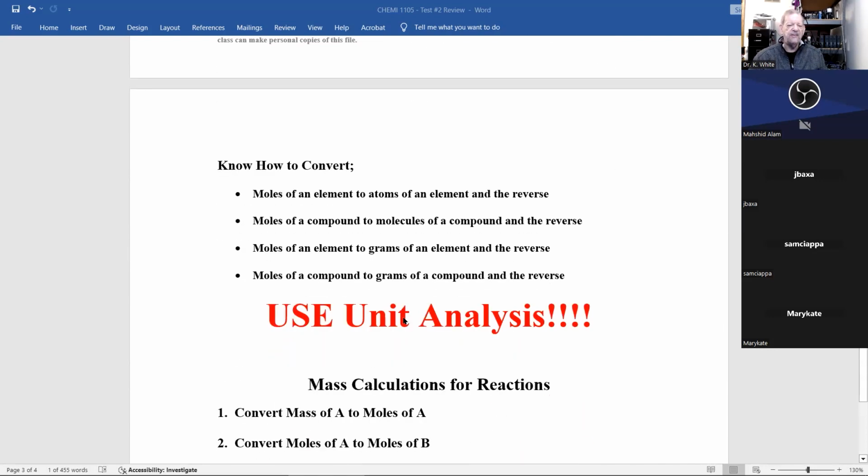Now, you should know how to convert moles of an element to atoms of an element, or the reverse, atoms of an element to moles of an element. This is all in the practice problems in my videos. You should know how to convert moles of a compound to molecules of a compound, and the reverse.